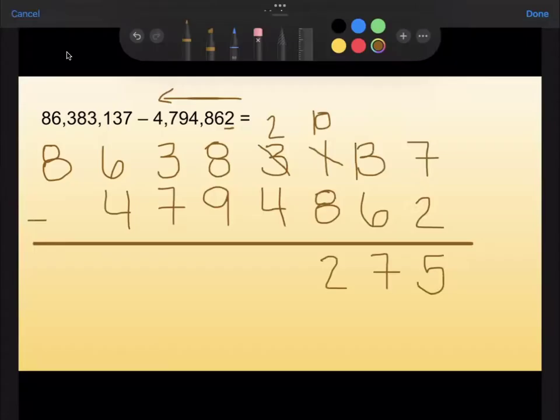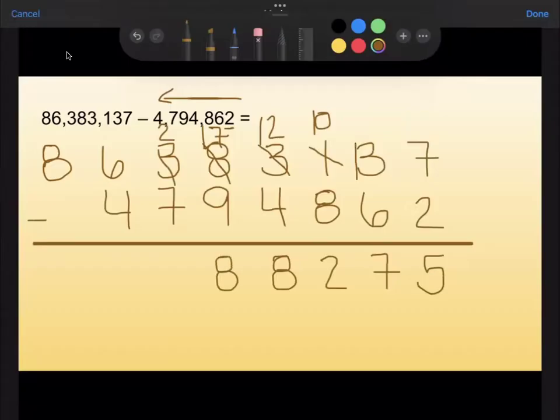I can't take 4 away from 2, so I got to regroup again. This is going to become 7. Put a 1 in front of the 2 to make it 12. 12 minus 4 is 8. Okay, now I can't take 9 away from 7, so I'm going to have to regroup again, making this place value 2 and put a 1 in front of the 7 to make it 17. 17 minus 9 is 8.